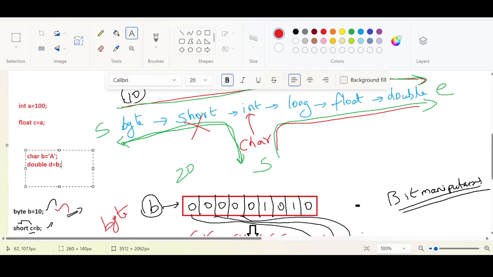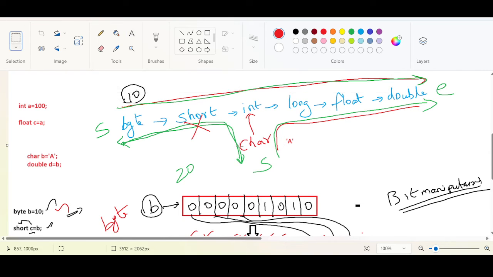Value A. A is in the form of a character, a single letter. So a single letter is assigned on top of the character data type, right? It is satisfying the conversion chart. A, which is of character type, is being promoted to double.